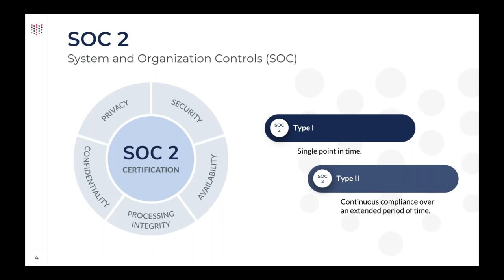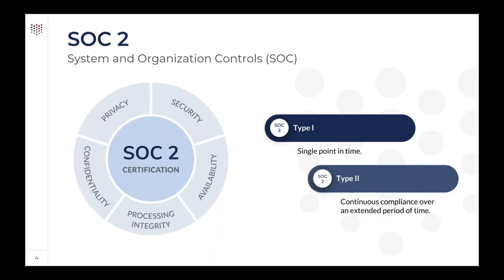You see here on the screen what those trust principles are for customer data: security, confidentiality, processing integrity, how you handle that data, then availability of it, and finally the privacy of the information. So we'll go through in the course of our conversation today a number of the controls that are looked at as part of a SOC 2 certification.